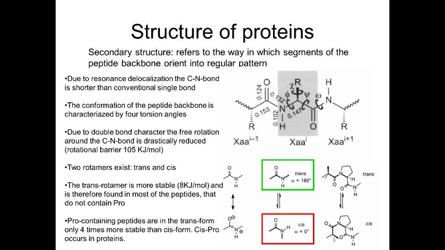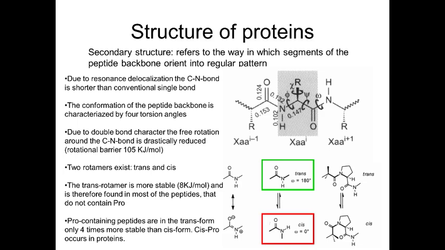Due to the double bond character that I have already shown before, the free rotation around the CN bond is drastically reduced. The rotational barrier is around 105 kilojoule per mole.